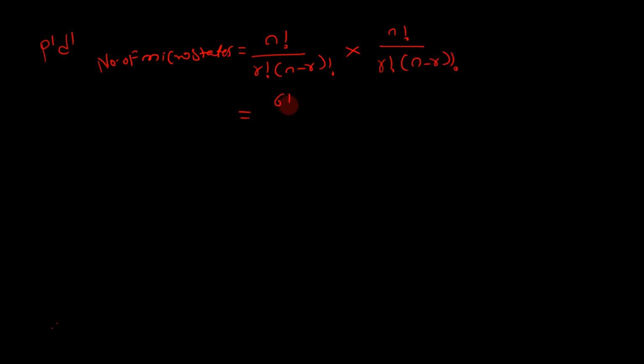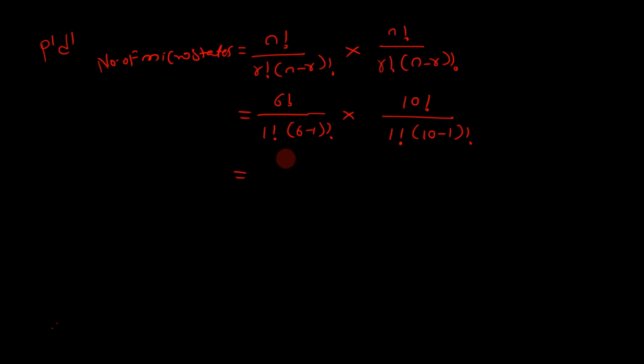Here we write 6 factorial upon 1 factorial and 6 minus 1 factorial, multiplied by 10 factorial upon 1 factorial and 10 minus 1 factorial.